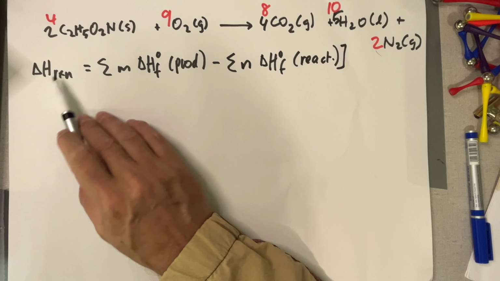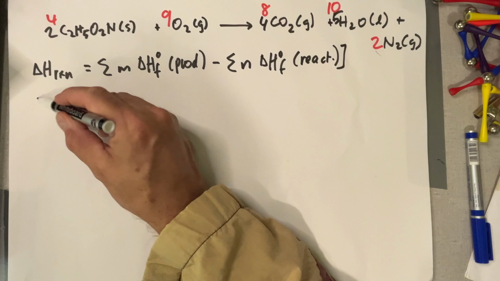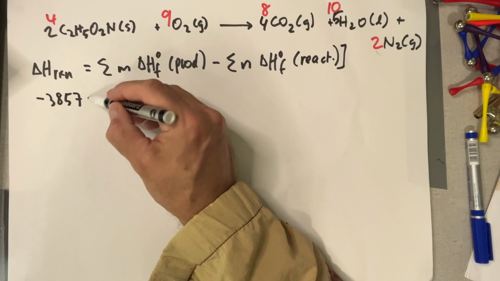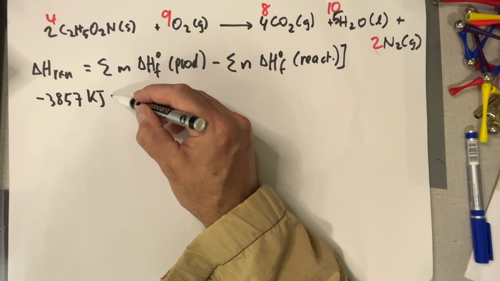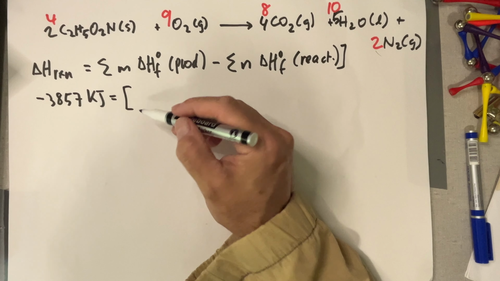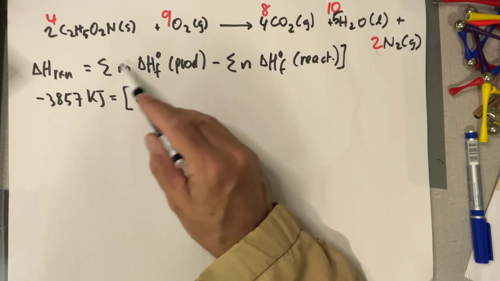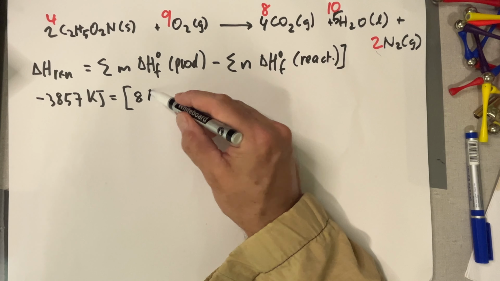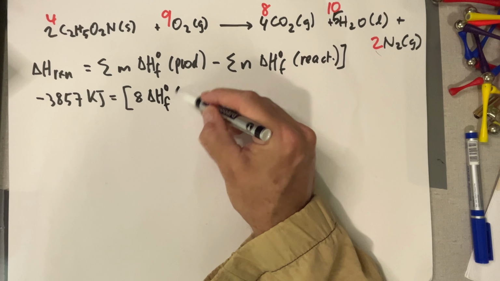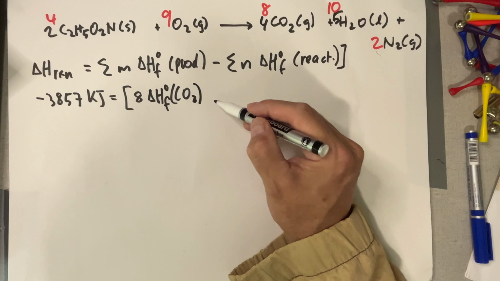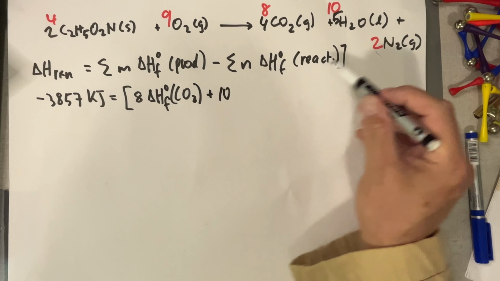And we were given this value in the problem. That's minus 3857 kilojoule. And that is equal to, let's put this in block brackets, 8. So now we're dealing with the coefficients of the products. So we see there 8, and this is for the carbon dioxide, plus 10 for the water.